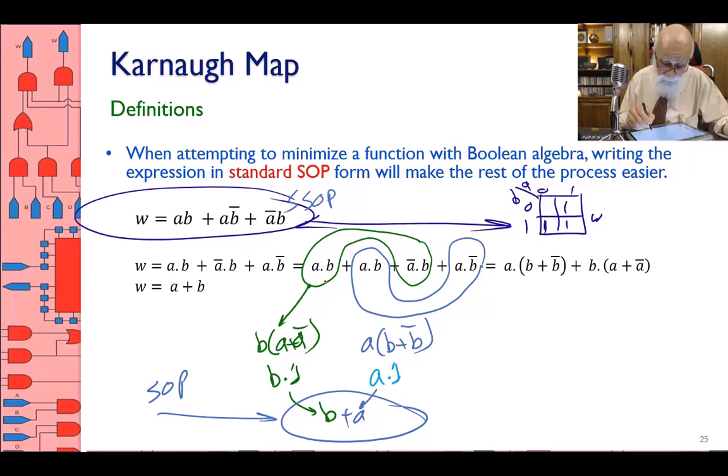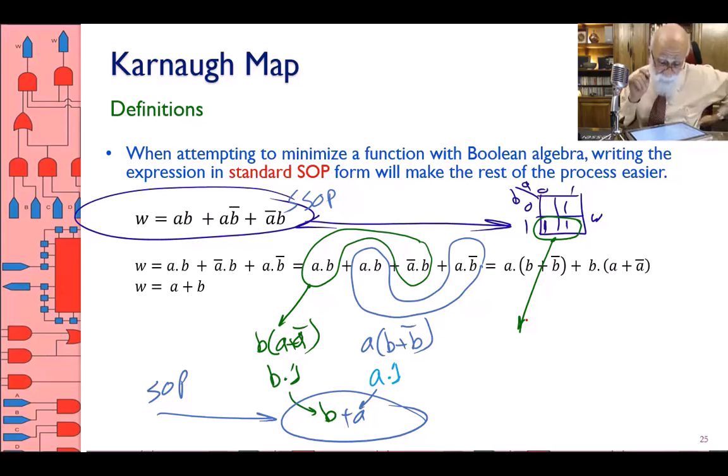I am taking AB and then ORing it with A bar B. So what I'm really doing is, instead of individually circling these minterms, let's take these two minterms that are right next to each other.